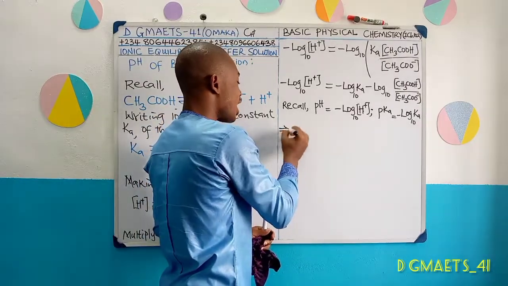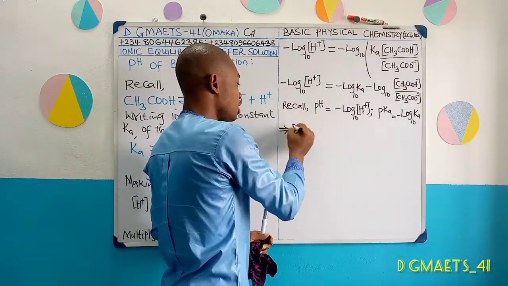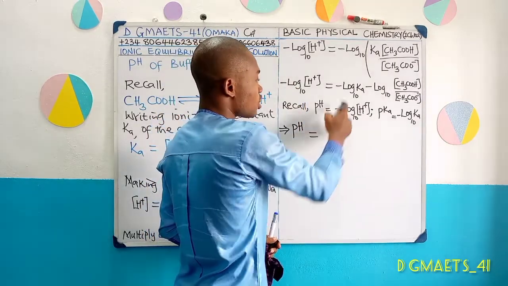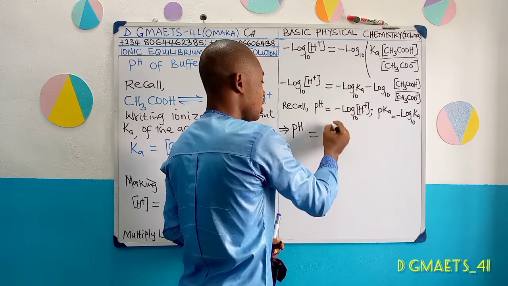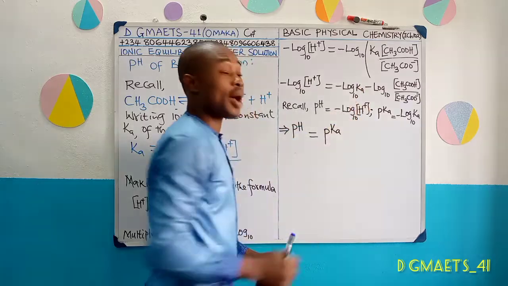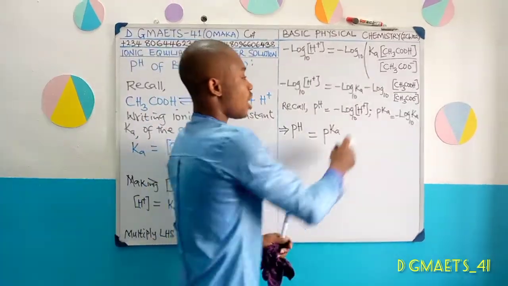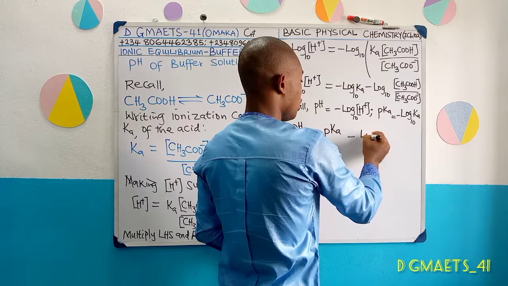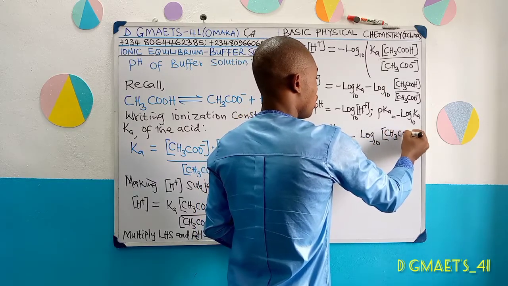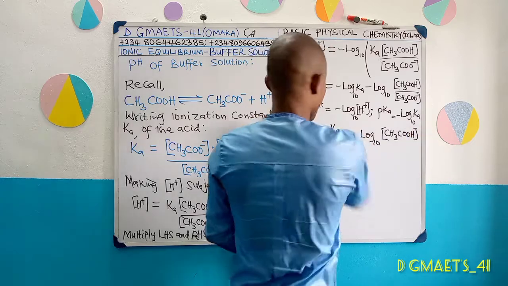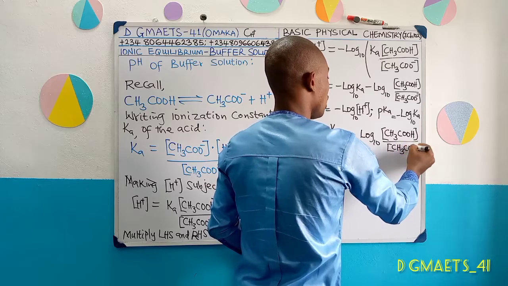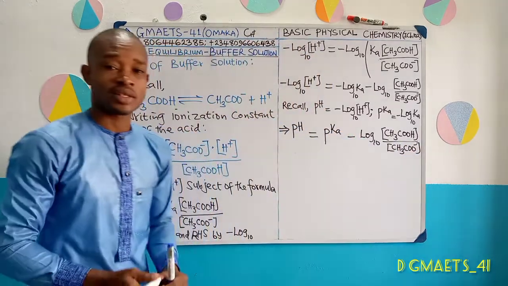I go say it implies that pH equal to pKa, because this minus log Ka base 10 na pKa. I'll come write minus log base 10, come put concentration of the acid wey we dey use from here, ethanoic acid, come divide am by concentration of the ion wey come out from the ethanoic acid.